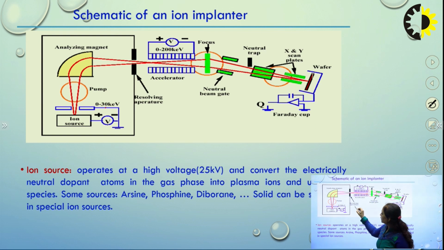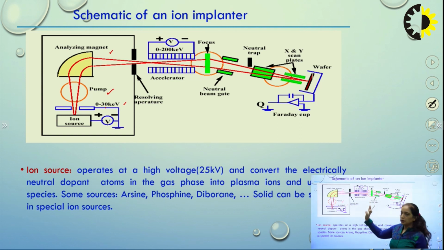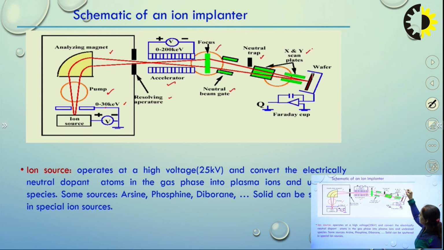The major components in this ion implanter are the pump, the acceleration energy, the analyzing magnet which directs the ion beam towards the target, the accelerator so that we can accelerate the speed, the resolving aperture, a neutral beam gate, a neutral trap, some focus beams, then X and Y scan plates, and finally we have the wafer.